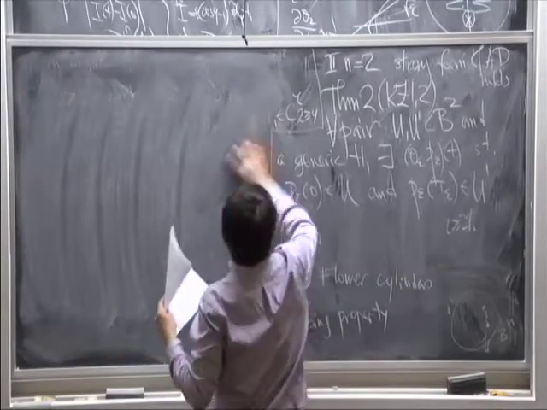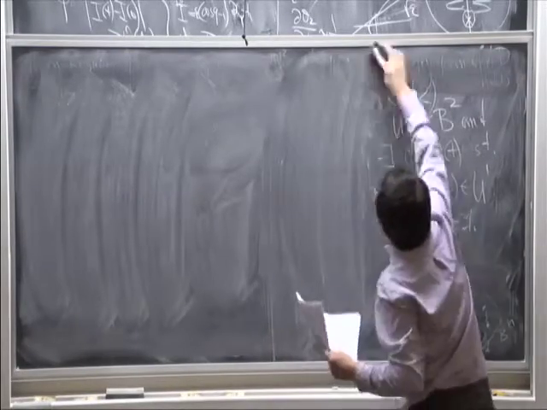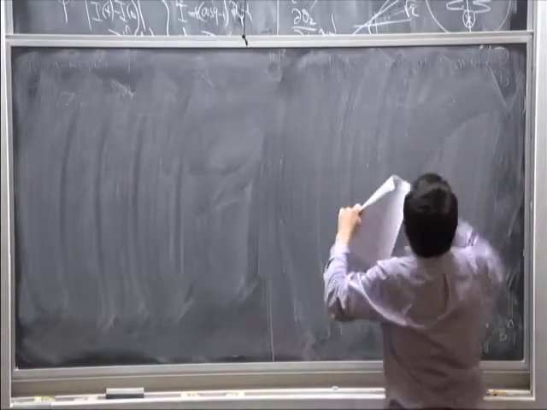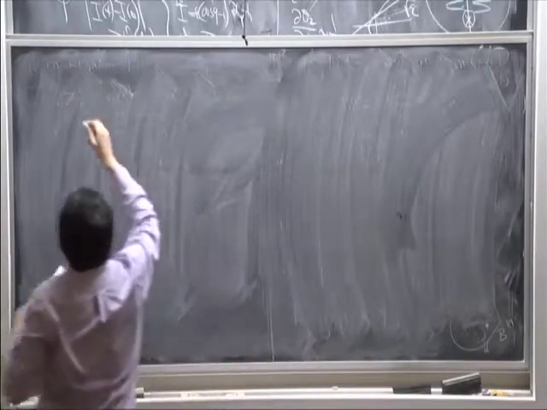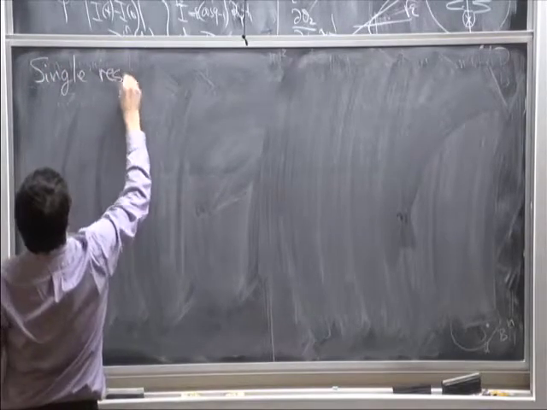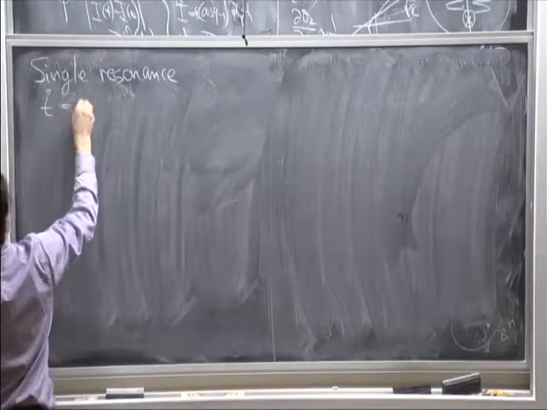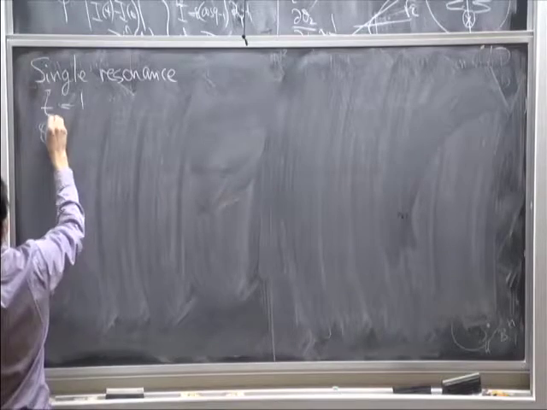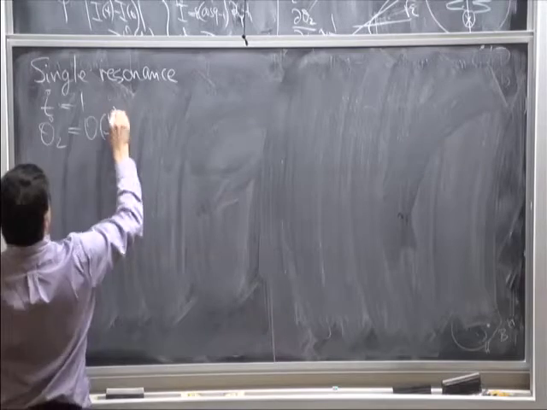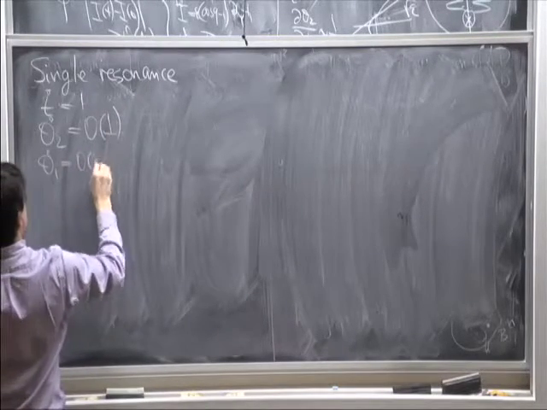Let me tell you the difference between. So this picture is what is often called single resonance. So let me say in naive terms, what is a single resonance. Single resonance means that t dot is 1, theta 2 dot is O of 1, and theta 1 dot is of order epsilon.